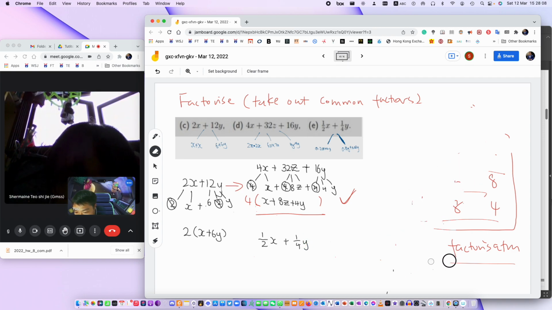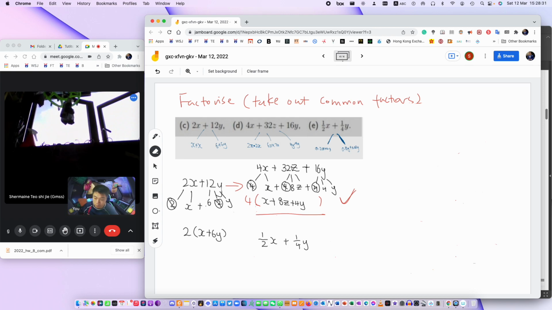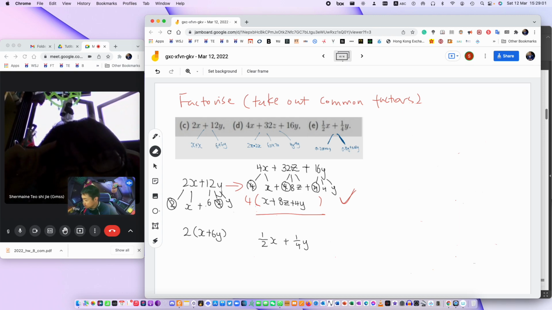So how do you split the half X? How do you split the 1/4 Y? Any idea for fraction?